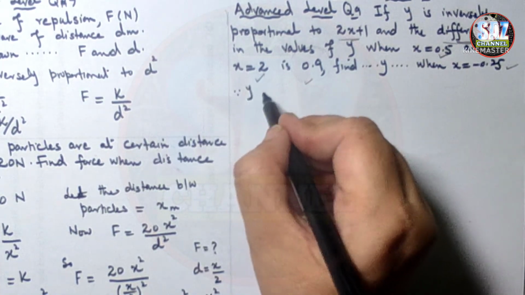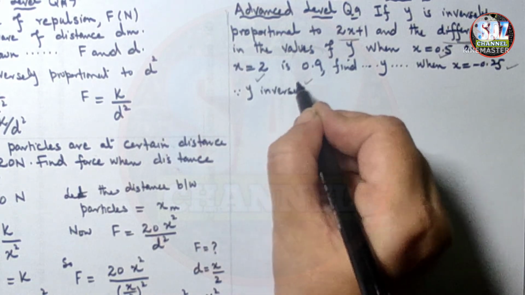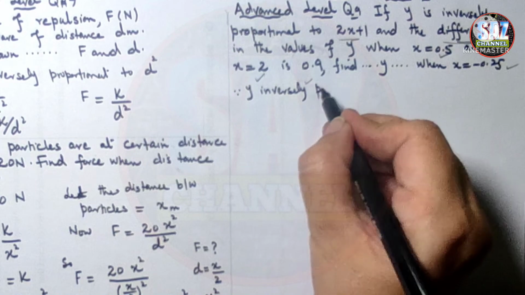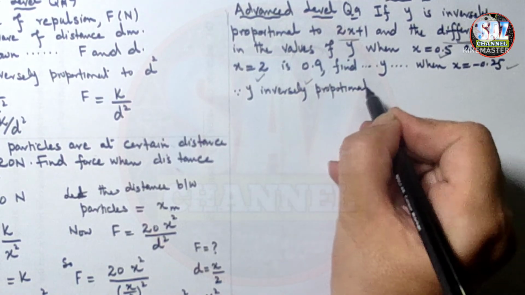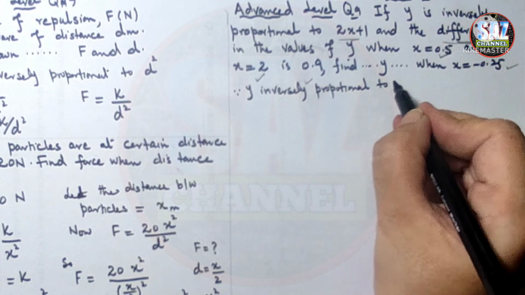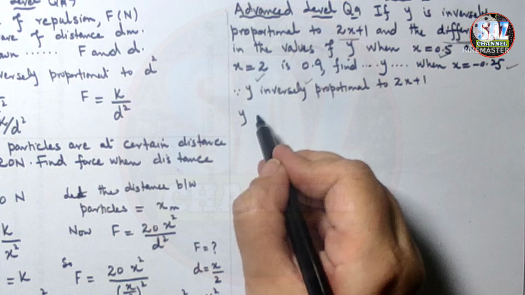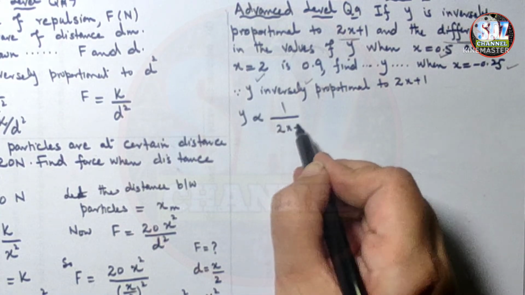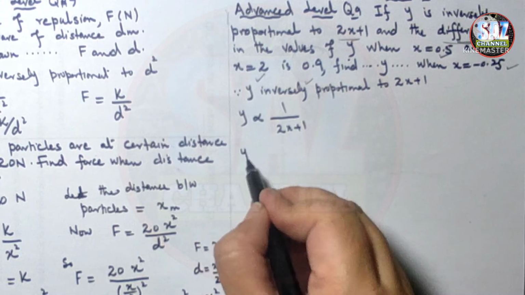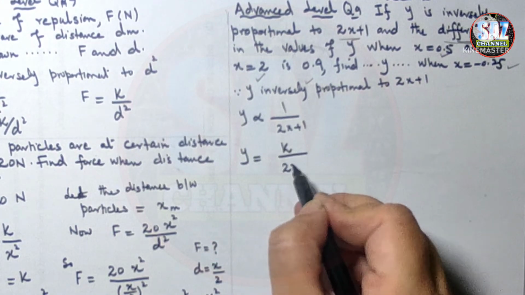Because y is inversely proportional to 2x plus 1, y is proportional to 1 over 2x plus 1, and y equals k over 2x plus 1.